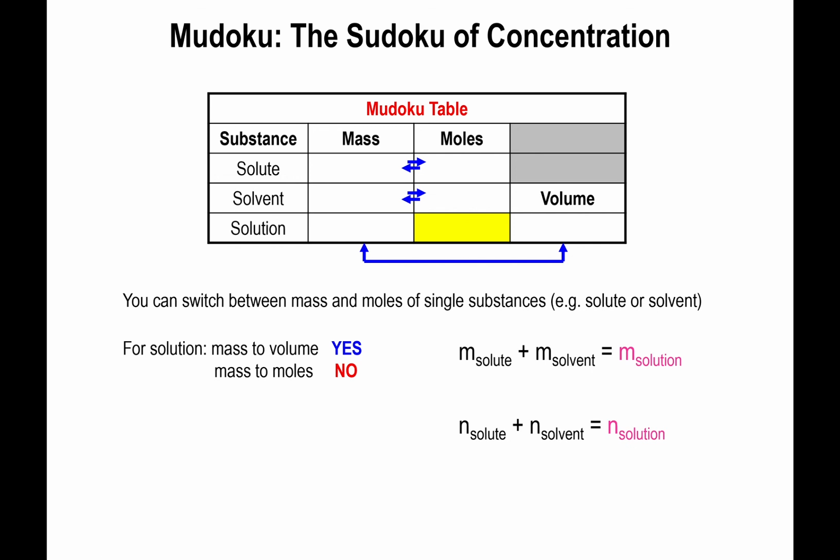The one thing I want you to be careful not to make a mistake about is that although solute plus solvent equals solution applies to mass and applies to moles, which, by the way, you can actually convert moles of solute to moles of solution, moles of solute to mass of solute and moles of solvent to mass of solvent. You can use this relationship to go from mass of the solution to the moles of the solution.